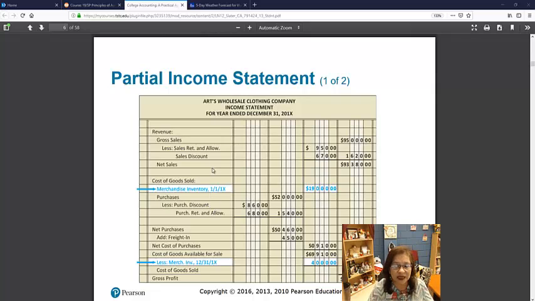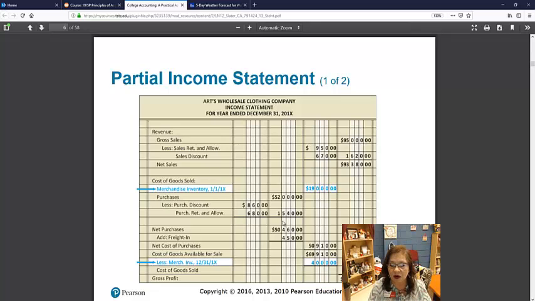Now, this right here is different from the top because this is what we have purchased as a company from other vendors. The top is what we've sold, but what customers didn't like and brought back. Okay, so there's a difference there.